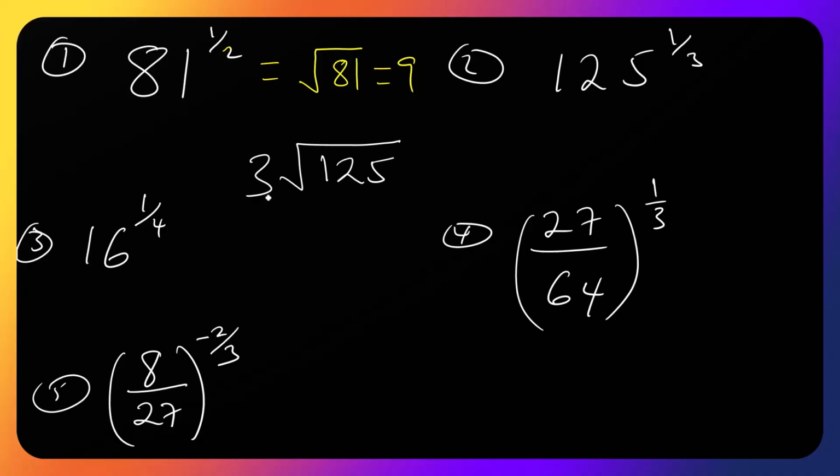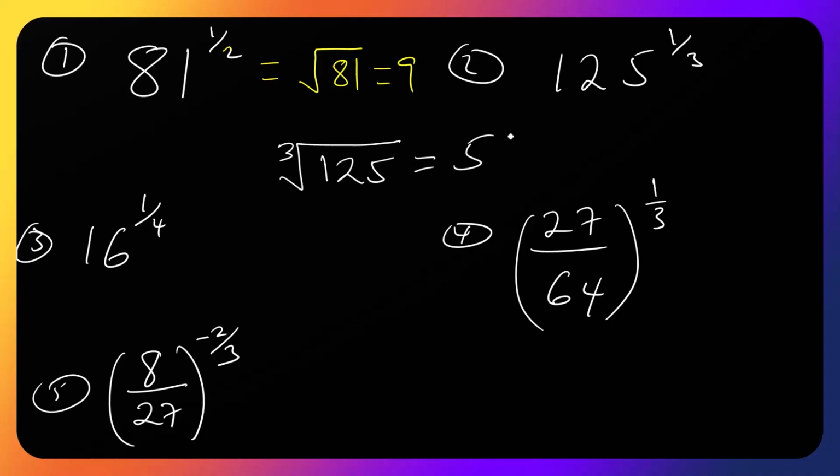It means a small 3 up here, not 3 times square root of 125. On the calculator you see this function. This one is the root sign, and the number here goes here. So the cube root of 125 will be 5.